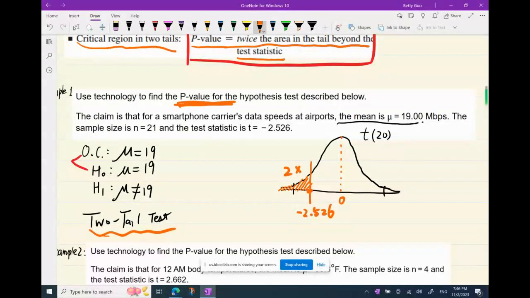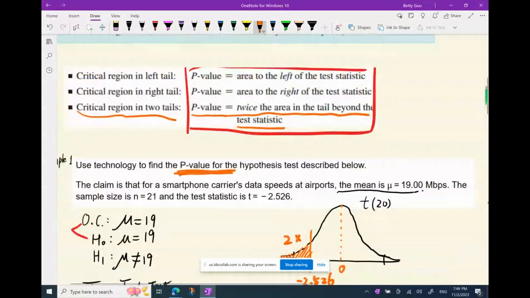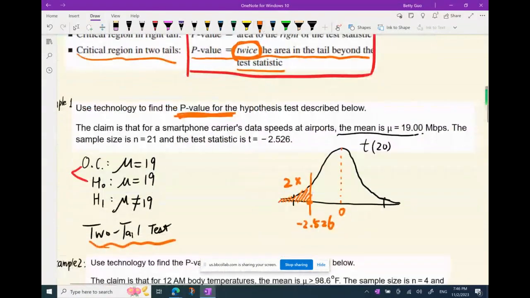For a two-tail test, p-value is twice. Very, very important. Because of the two tails, besides the significantly low one, you also have a significantly high one. So you have to double it. So p-value is twice the area in the tail beyond the test statistic. In our case, it's twice the area of the shaded region.